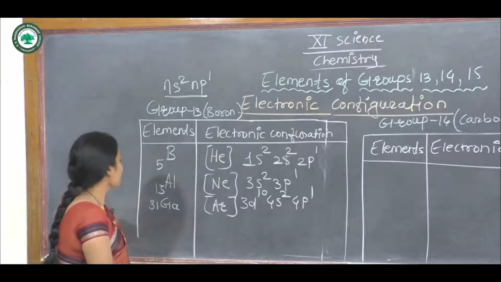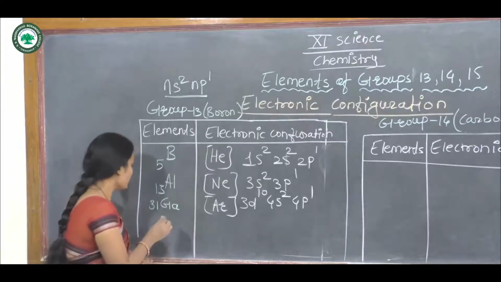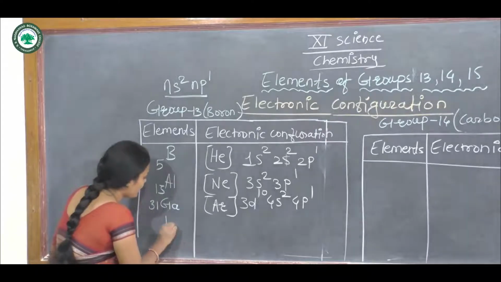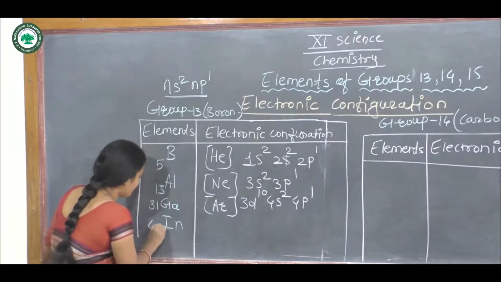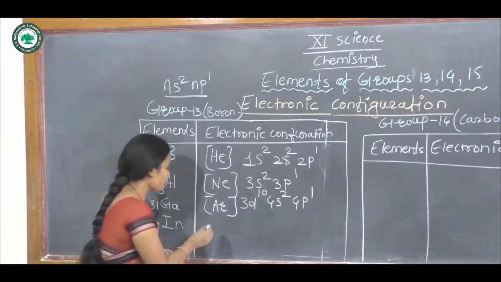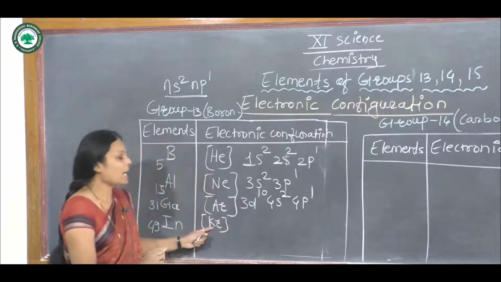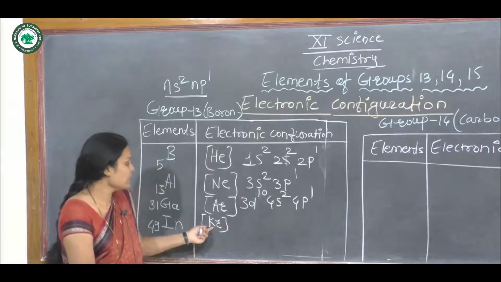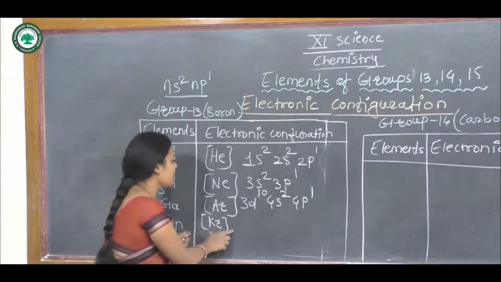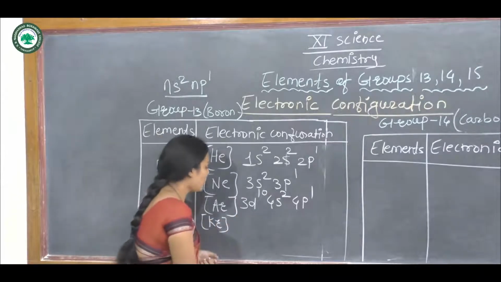Now the next element is indium, and its atomic number is 49. Indium is represented by krypton, and the atomic number of krypton is 36, and we can calculate the remaining.